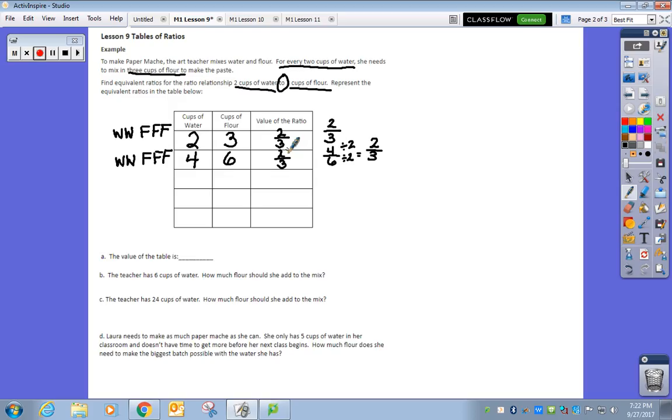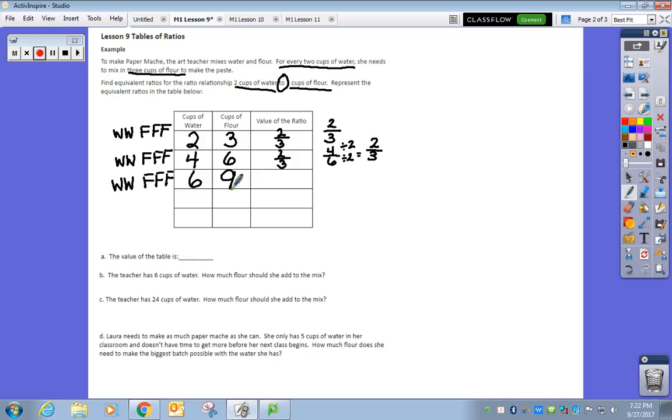So if we continue on with our ratio table, if I wanted to continue to make more, I would have to add another 2 cups of water for another 3 cups of flour. If we count total, we have 2, 4, 6 cups of water and 3, 6, 9 cups of flour.